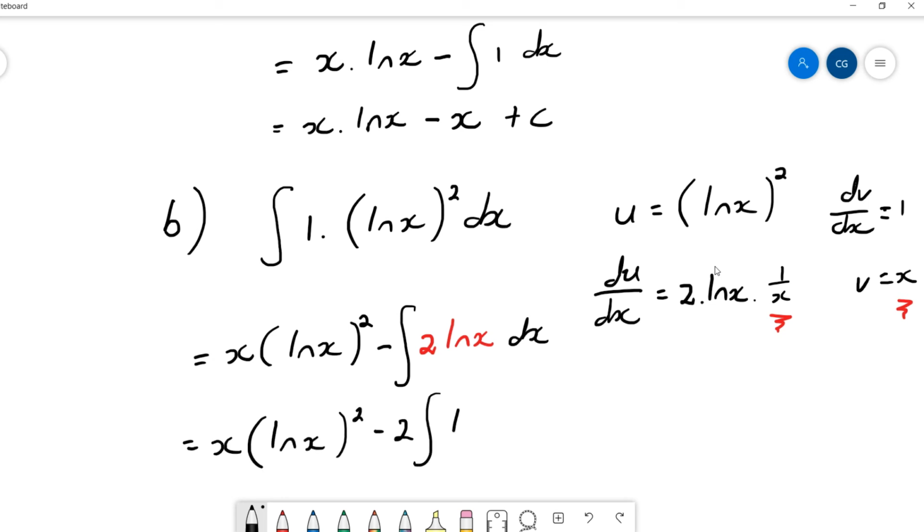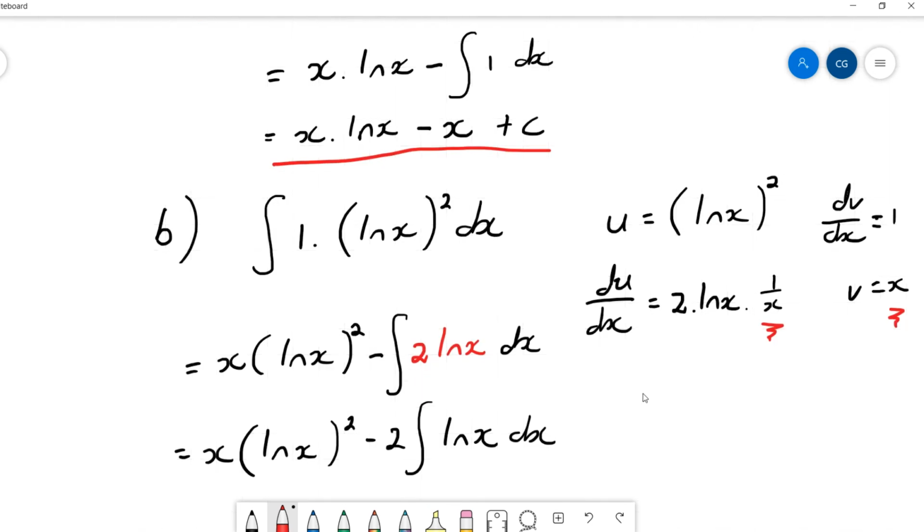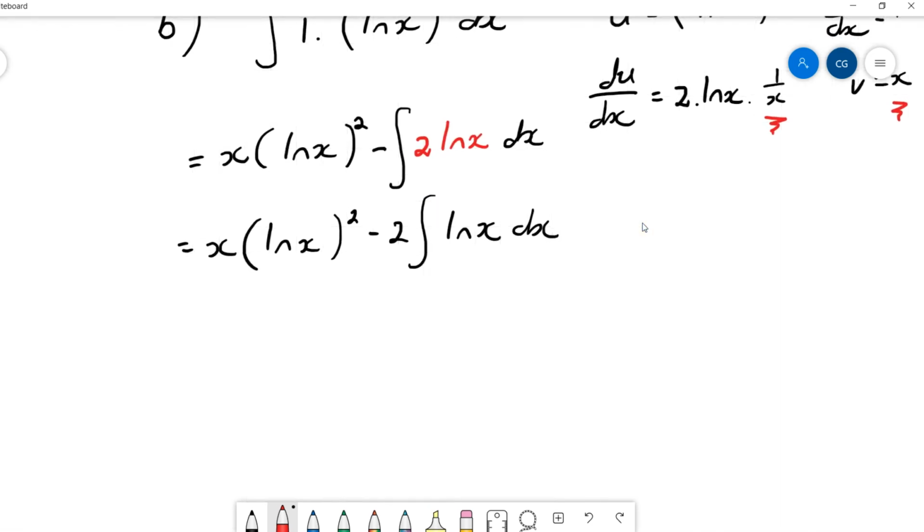Now, if you notice, what do we have here? We have the integral of natural log of x, which we have actually solved above already. So the integral of ln x dx was the following. This was the answer that we got for the integral of ln x dx. So now we can say, sure, x, and I'm going to leave it all as it is, I'm not going to simplify it, minus 2.